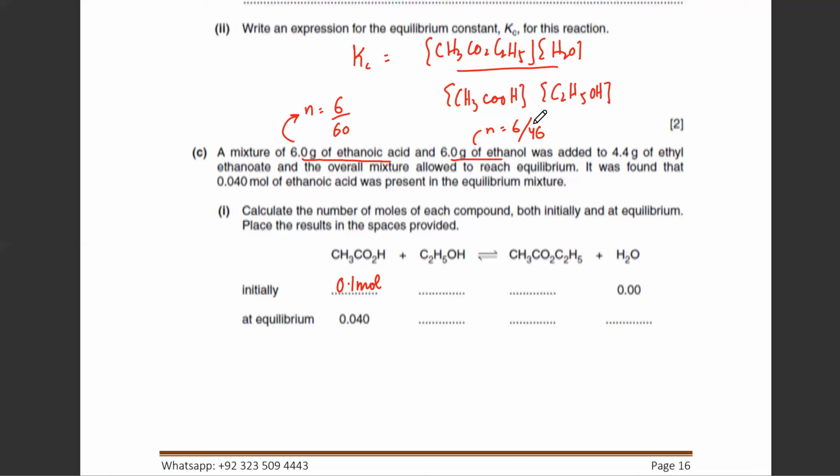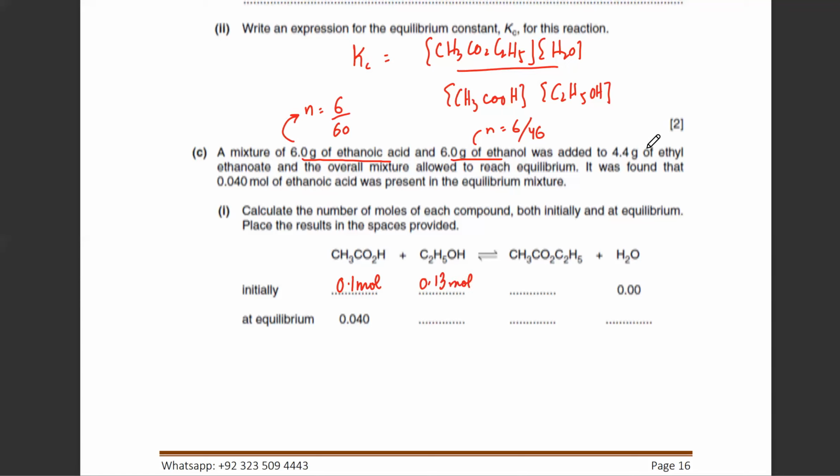Anyone, Hania, Sidra? So 6 divided by 46, that's 0.13. So let's take that as 0.13 moles.